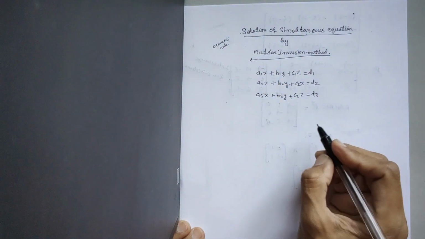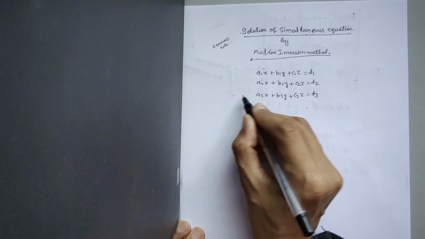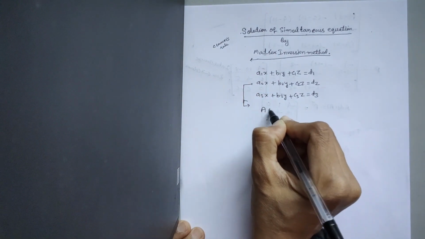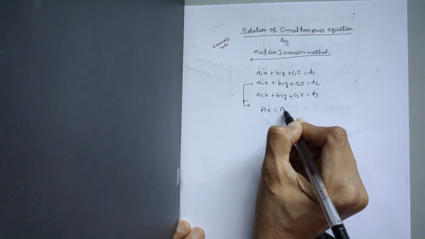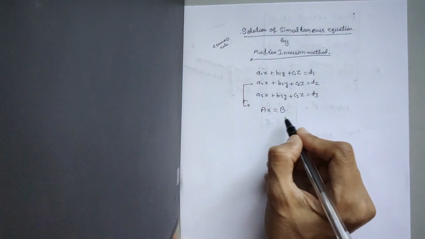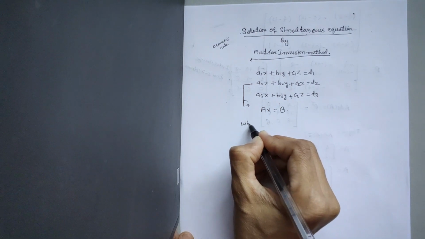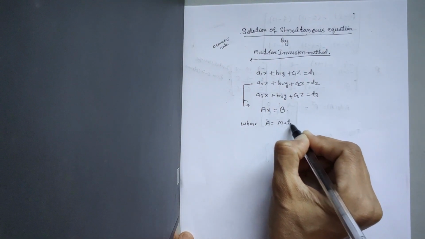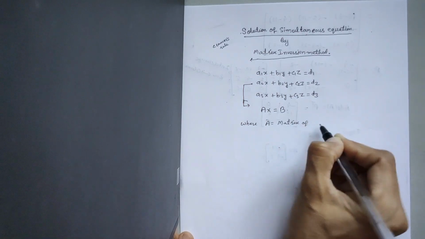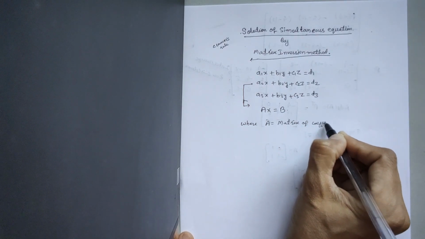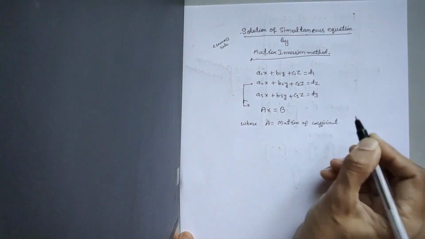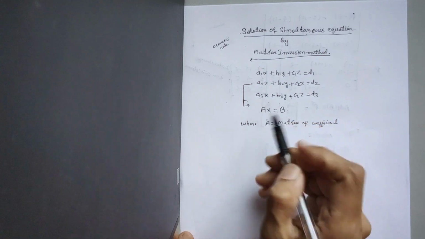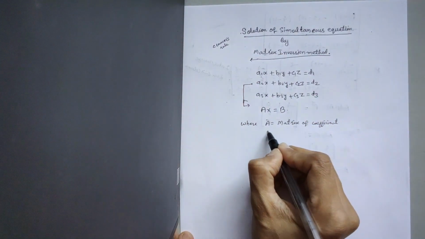So these are the equations I have. Its equivalent matrix form is always given by AX equal to B, where this A is the matrix of coefficients. All the coefficients of the variables, this a1, b1, c1, all are the coefficients. So this is the matrix of coefficients.